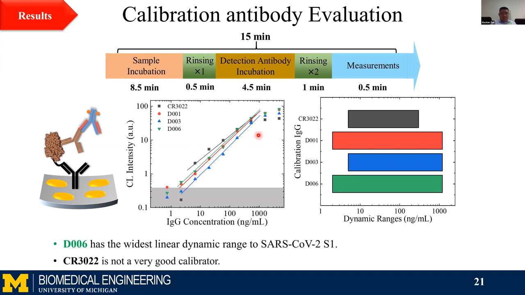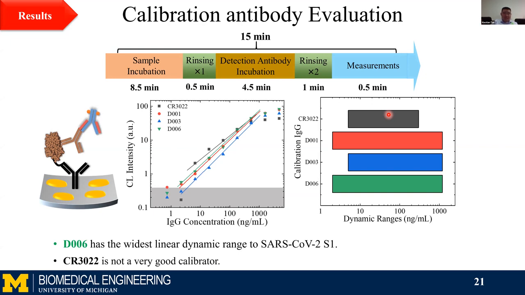The other 3 antibodies have very similar performances. Their linear dynamic range is around 2 to 1,200 nanograms per mL, which is pretty wide already, close to 3 orders of magnitude. As I mentioned, since we are using a microfluidic system, we can complete the entire assay within 15 minutes, which is more than 10 times faster than a traditional plate-based ELISA.